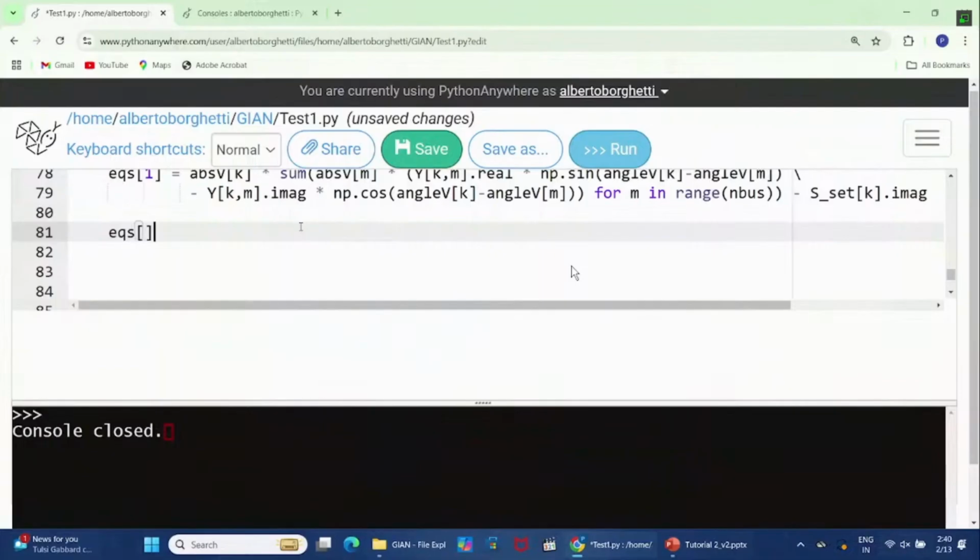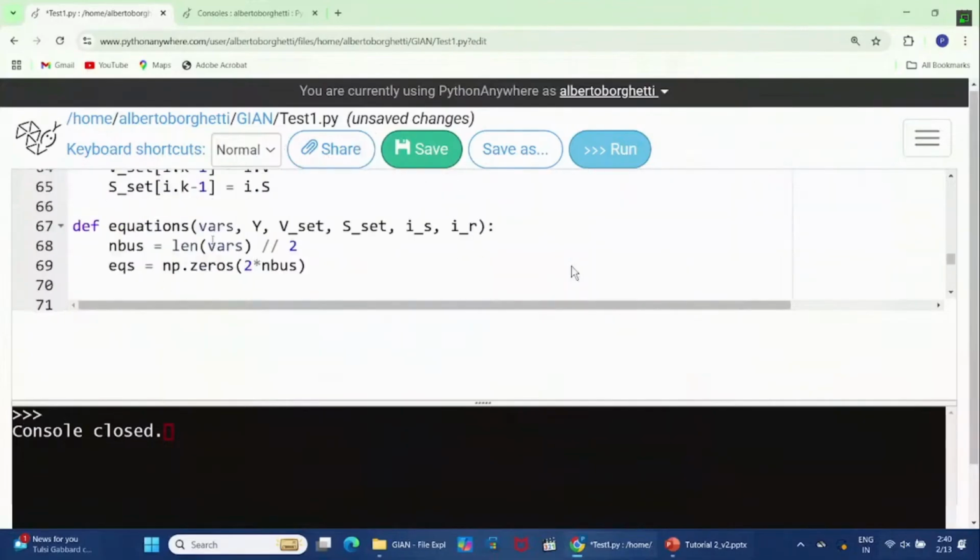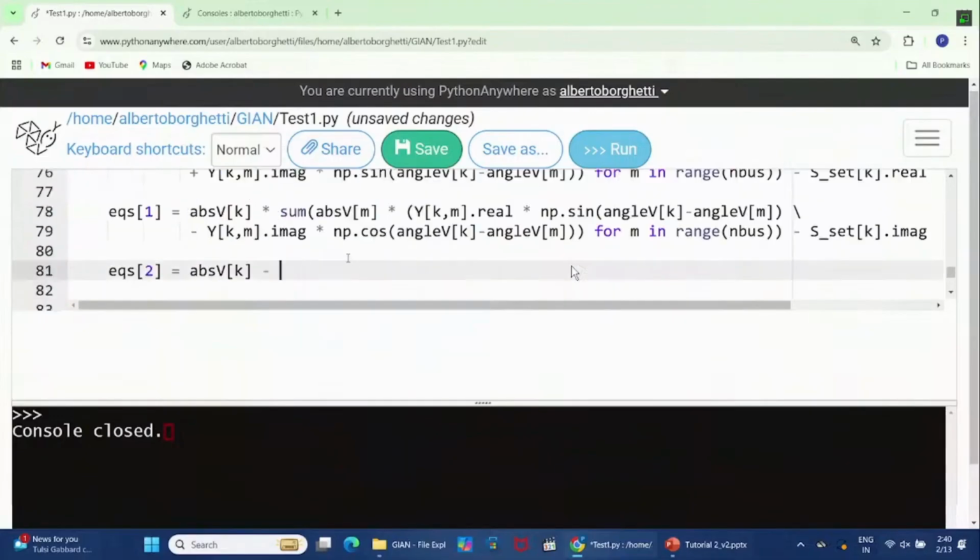EQS, and then I put 2 equal, and then it is the comparison, and we say just abs of V in K minus V set that we have already put here, V set in the same bus. So V abs, absolute value, of V set in index or bus K.